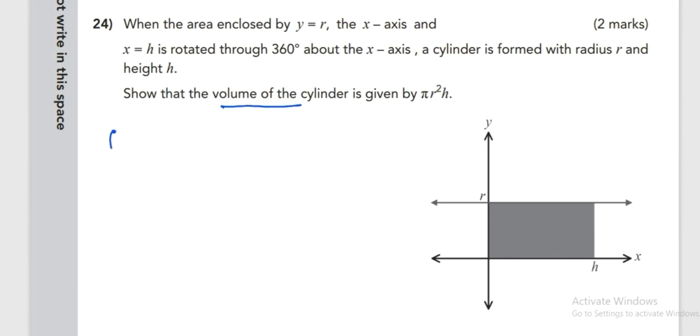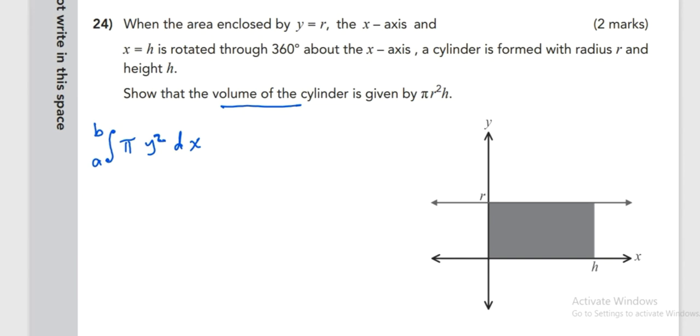We know that the rule of volume of revolution is integration from a to b pi y to the power of 2 dx. We have just to put values of a and b and the function in its place, and integrate, substitute to find the value as we did in the definite integral.